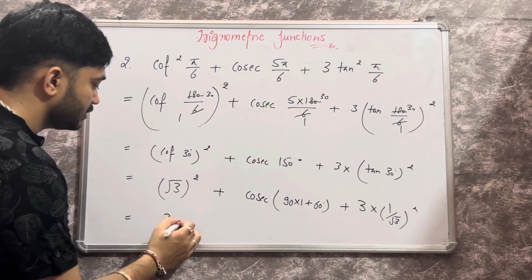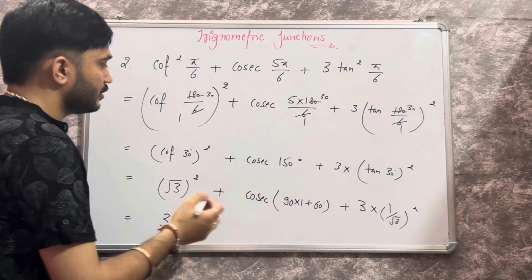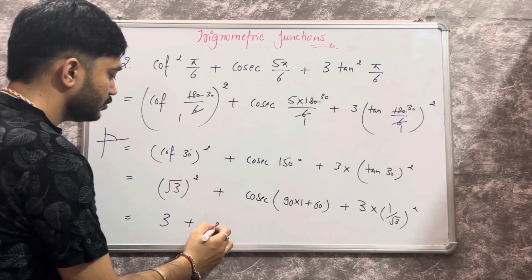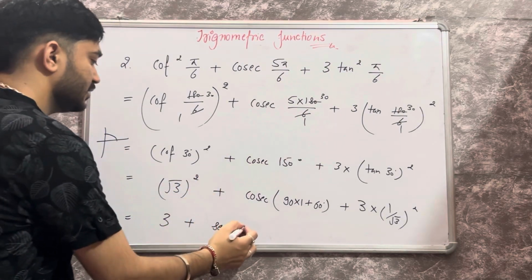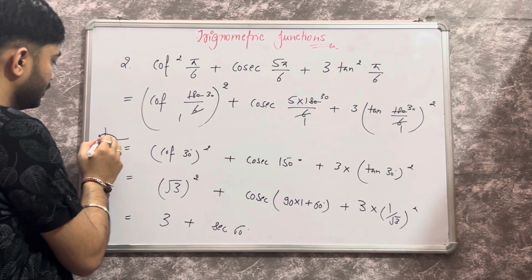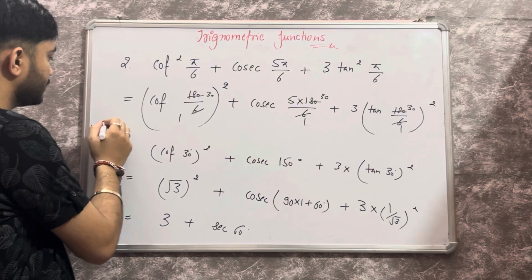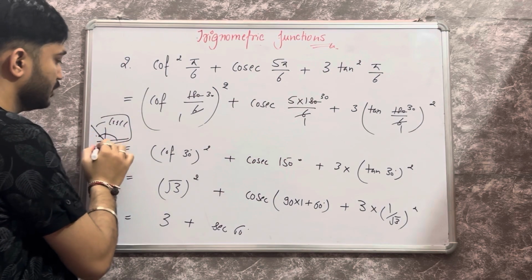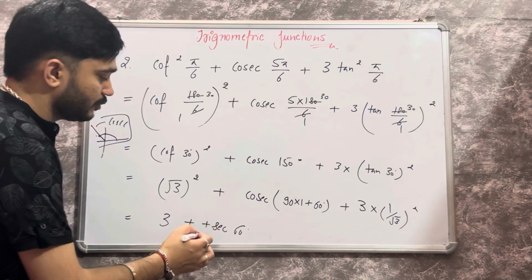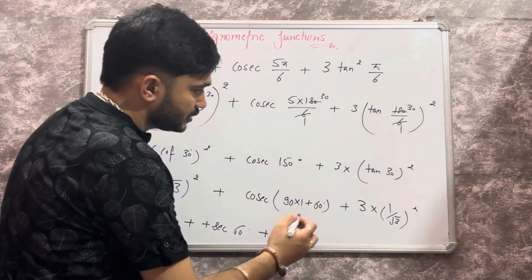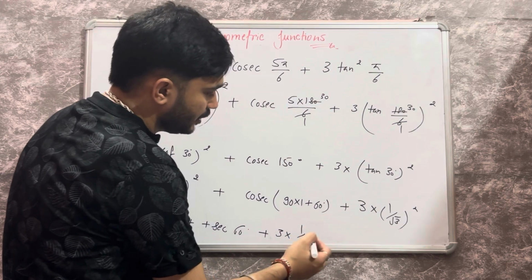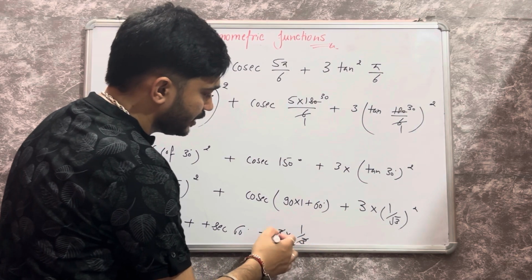Under root 3 square is 3 plus cosec 90 degree plus 60. First quadrant, name will be changed, cosec changes into sec, 60 degree, 1 and the region will be second. Cosec is positive in this region, so we have a plus sign in front of it. Plus 3 into 1 by 3, because square of 1 is 1 and square of under root 3 is 3. 3 and 3 got cut out.